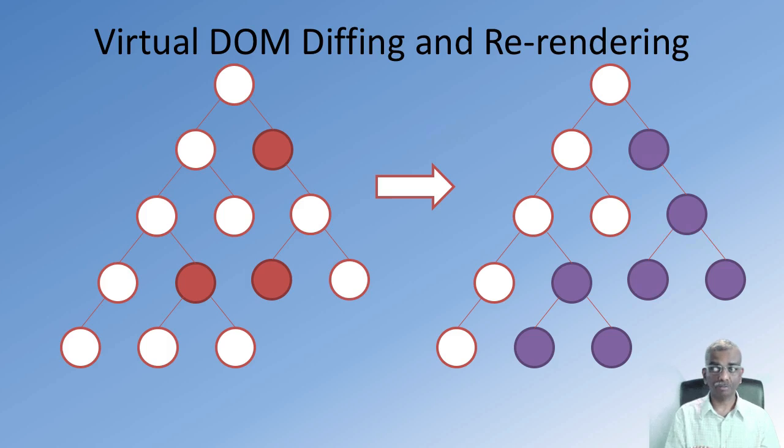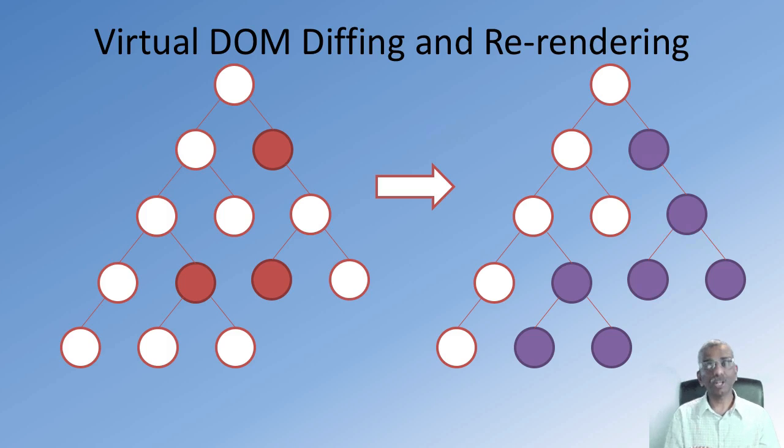So in this case, when these 3 red components are affected due to the change in the state, it may result in re-rendering of all those nodes that are marked in purple to the right of this screen. So only that part of the DOM tree may have to be re-rendered to ensure that the changes are reflected in the browser DOM.